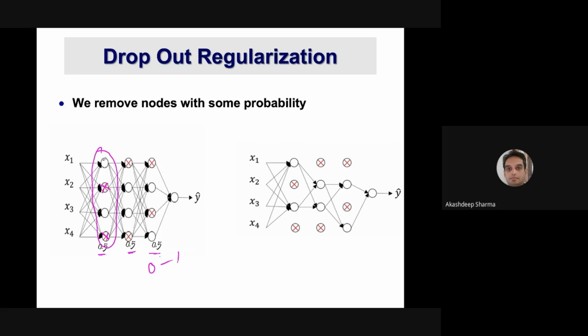It may be that the first time you leave this one out, on the first epoch. Second time you are training, the neural network may skip this and may skip this, and you do it for all the layers, or depending upon how many layers you want the dropout to be. Right? It has again been observed that if we do this, we are giving the neural network a fair chance of learning the general concept rather than memorizing. So dropouts do work.